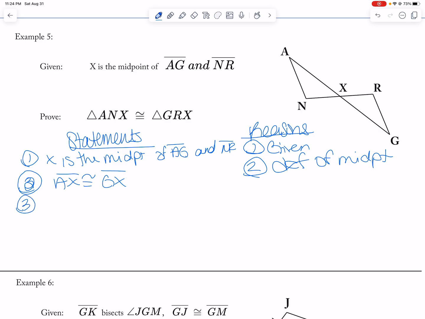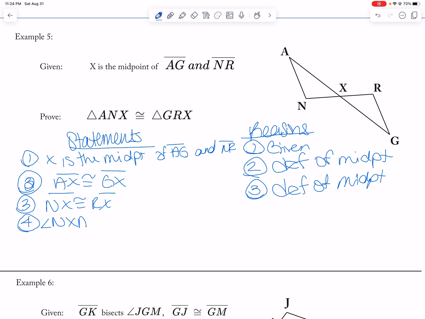And then NX is congruent to RX, also by the definition of a midpoint. Sorry, that should be 3. And then 4, angle NXA is congruent to angle RXG by vertical angles.